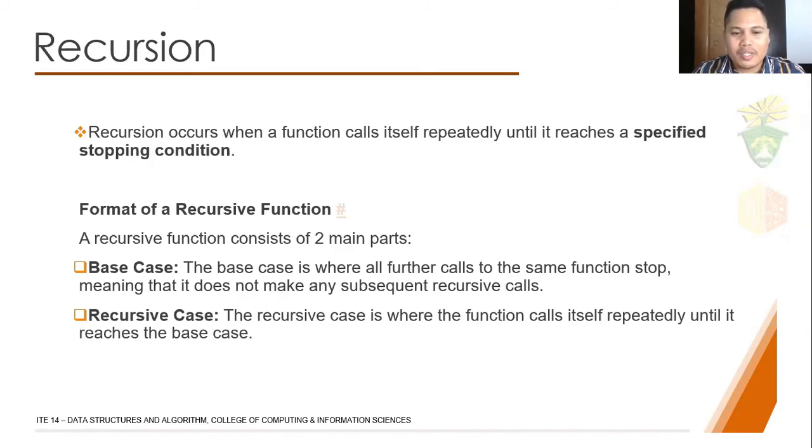So we have the format of a recursive function, the same as with looping. In looping, we have initialization, wherein you set the starting point of our loop. For example, you start your loop with your counter i equal to 1, and then you set the condition of your loop, which dictates until when the body of our loop will repeat execution. So we have an initial value, then a condition.